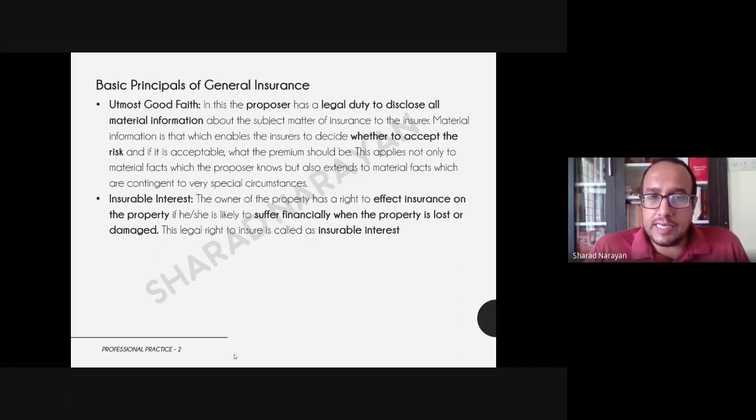So basically, it means that a person who has a vested interest or stands to gain financially from the continued functioning of a property, and is likely to suffer very severely in terms of finance, has something which is known as an insurable interest.